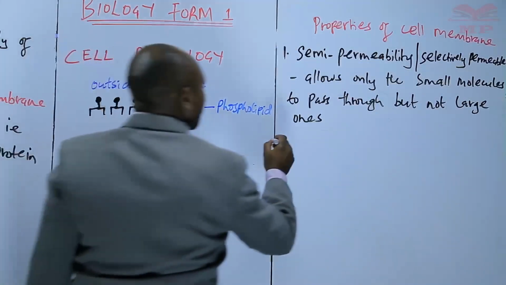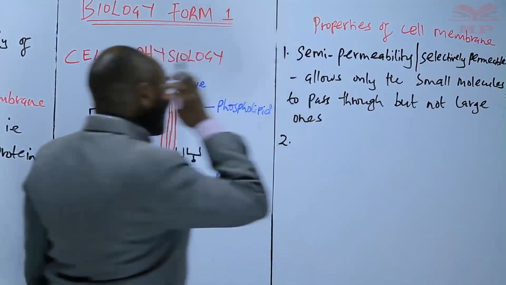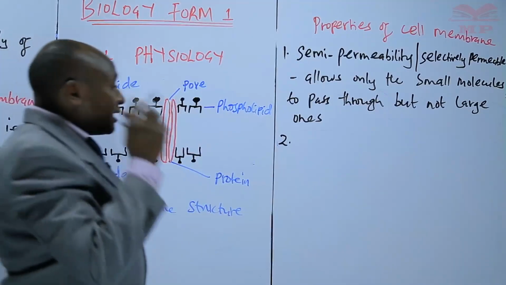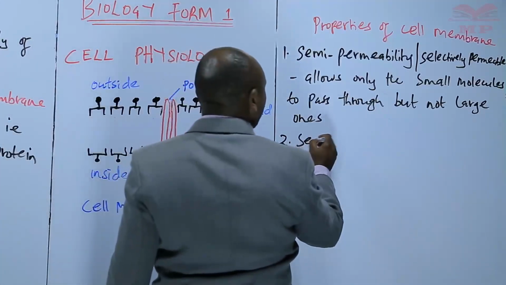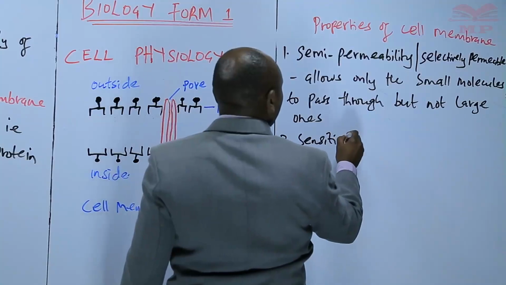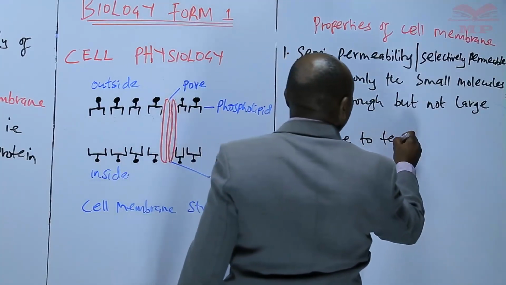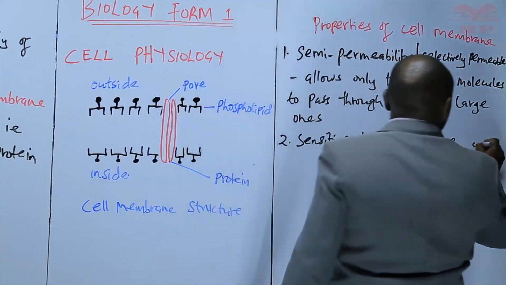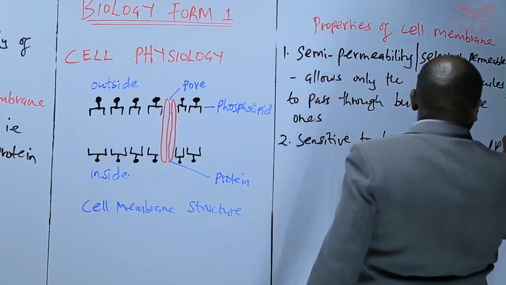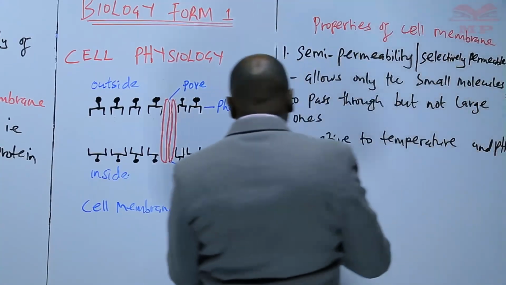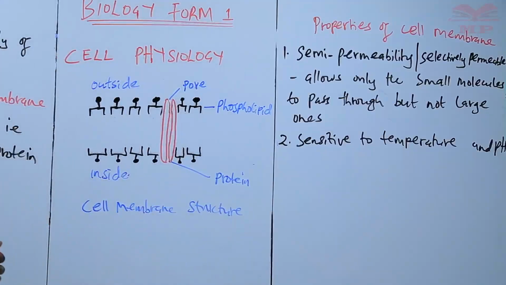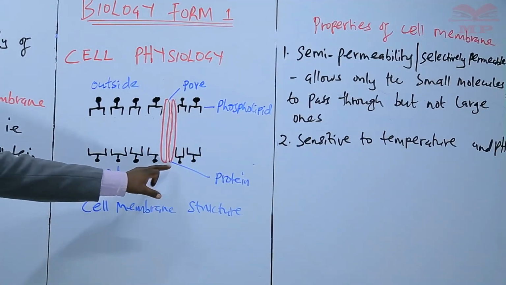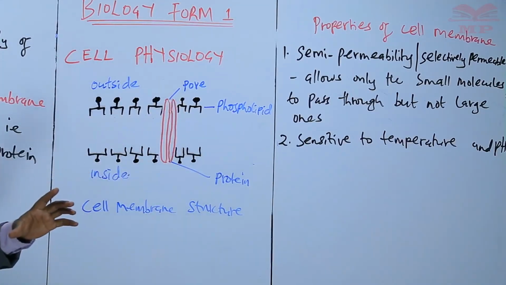Now, characteristic number 2 is that the cell membrane is sensitive to temperature and pH. And the reason for that is because the protein layer and the lipid layer are sensitive.